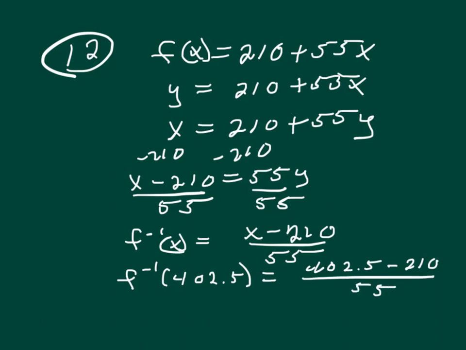Now we plug that into our computer and we get 3.5 hours. So as a sentence, you're going to write: the person worked on the computer 3.5 hours to produce a bill of $402.50. Okay, that's number 12. Go ahead and do the next question.